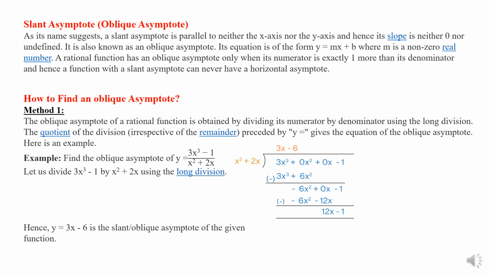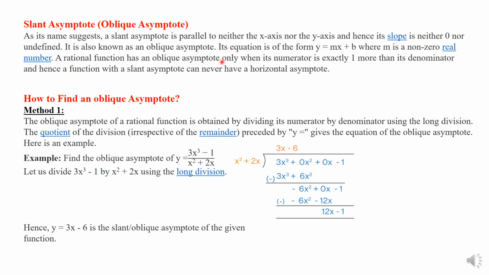As its name suggests, a slant or oblique asymptote is neither parallel to the x-axis nor parallel to the y-axis. So its slope is neither 0 nor undefined. So its equation is of the form y equals mx plus b, where m is never 0. It's a real number.